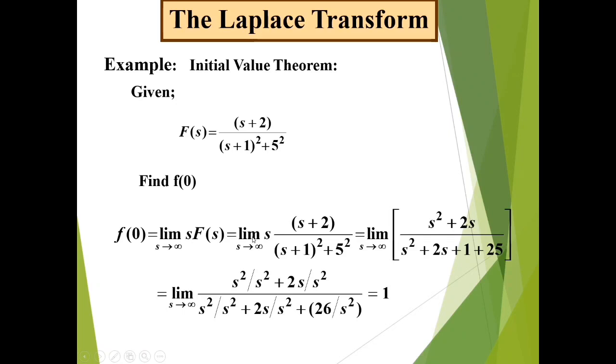We substitute the given F of s, take s square common outside, and divide all the terms in the numerator and all the terms in the denominator by s square. We can cancel s square and s square, and when we apply s tends to infinity, finally we get the answer 1.